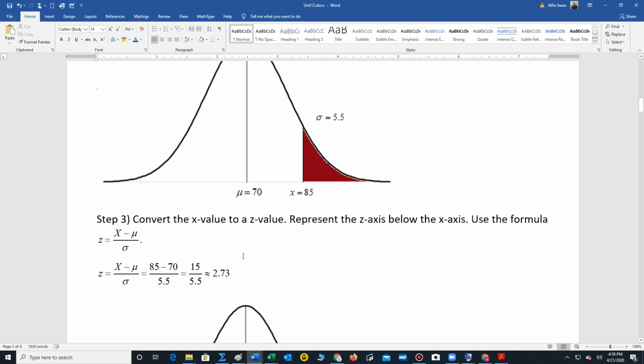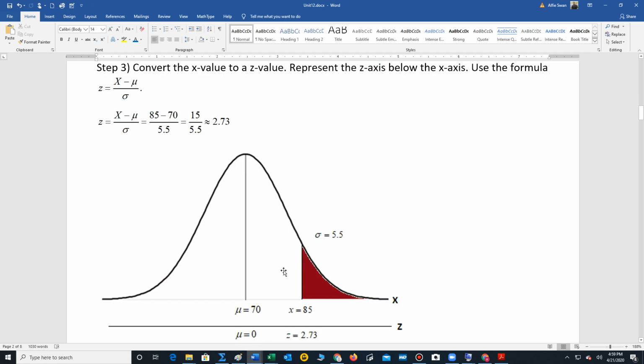Now, since we want to look up the area in Table E, we have to convert the x value, 85, to a z value using this formula, x minus mu over sigma. So x is 85, mu is 70, the standard deviation is 5.5. Remember, order of operations, we have to subtract in the numerator first, then divide by 5.5, round to two place values, 2.73.